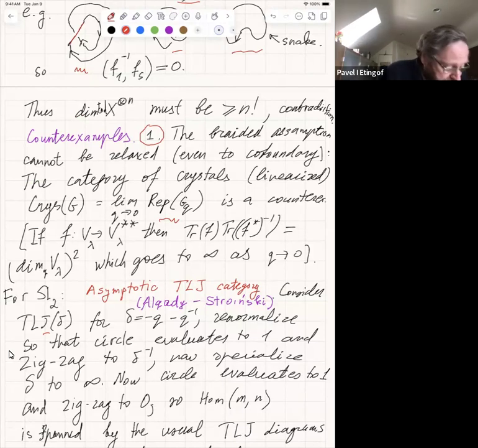Then it corresponds to quantum SL2 with parameter Q. Then we can renormalize as above, so that the circle evaluates to 1, but the zigzag then evaluates to delta inverse. In the usual category, the circle evaluates to delta, and the zigzag evaluates to 1. And now we can specialize to delta equal to infinity. In that category, the circle still evaluates to 1, but the zigzag evaluates to 0.